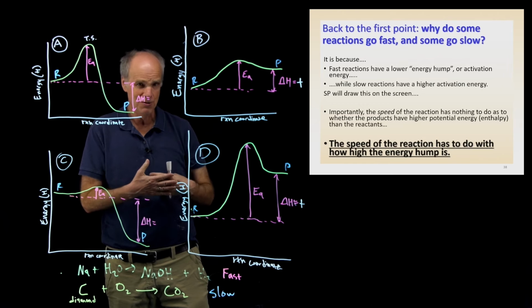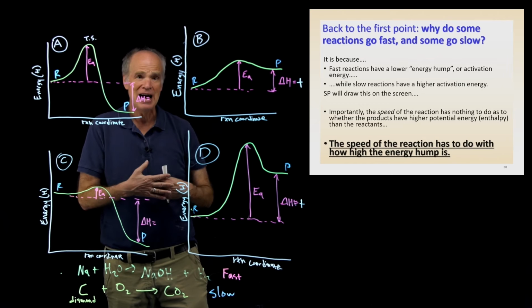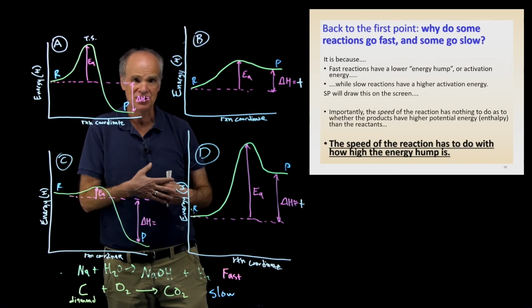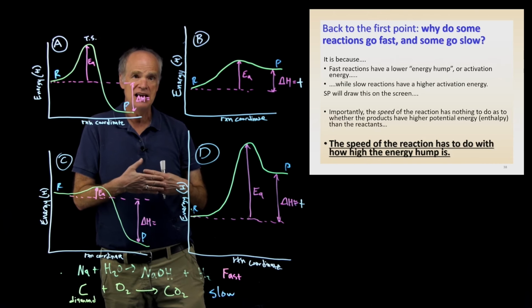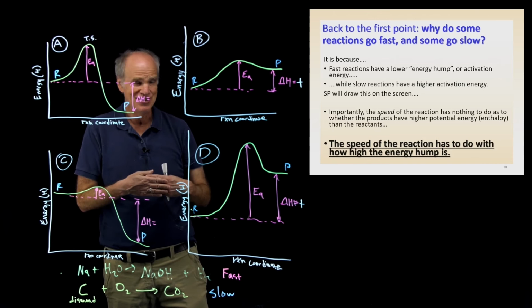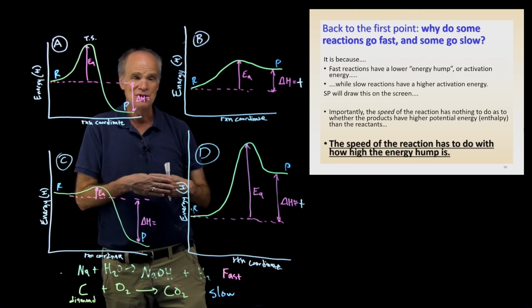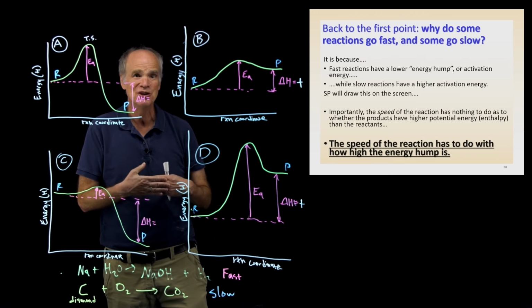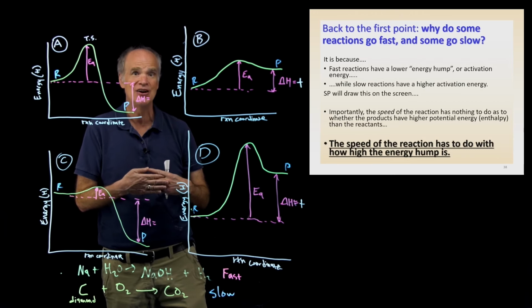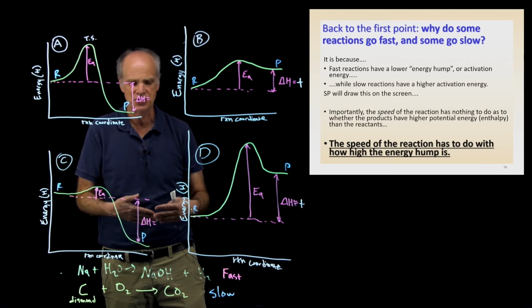The important point is this. You have a fast reaction whenever the activation energy for that reaction is not very high at all. On the other hand, you have a slow reaction when the activation energy is very high. So now you can answer the question.